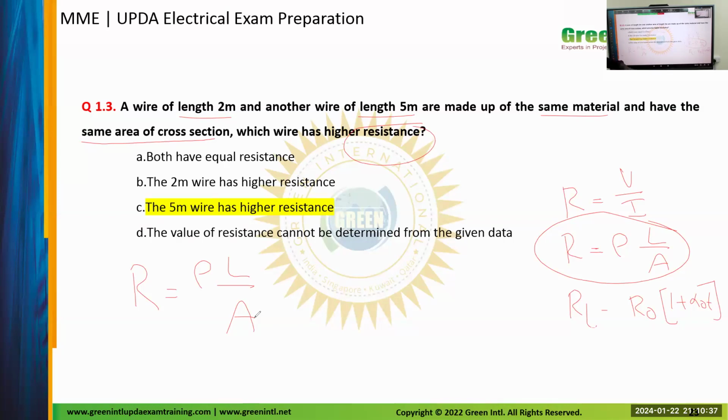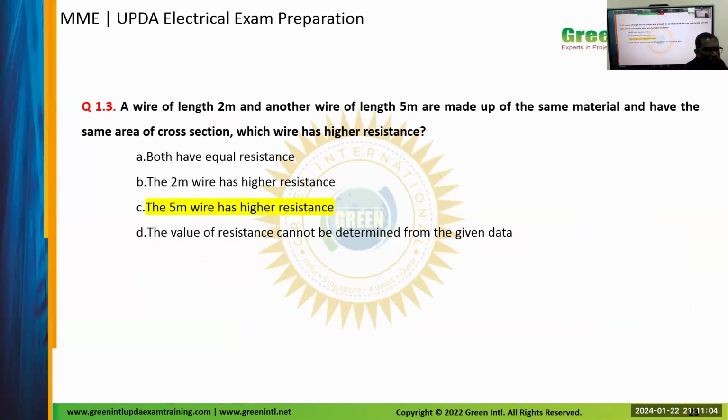Here we have two wires of the same material, which means resistivity is constant, so it is ruled out. Then cross-sectional area: both have the same cross-sectional area, so that is ruled out. The only thing is resistance is directly proportional to length. So if length is high, resistance is also high. That means the 5 meter wire has the higher resistance. That's all.